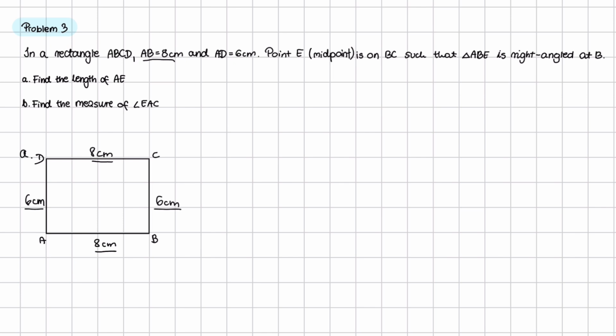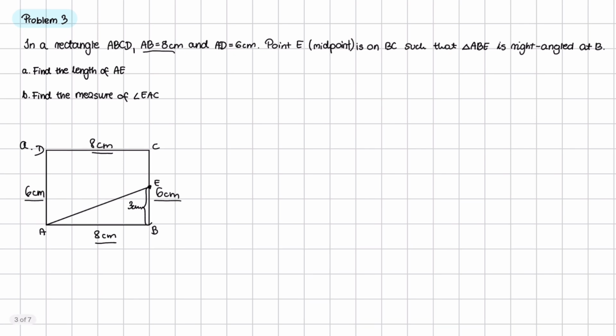And now we have to plot our midpoint E, so maybe in here, and we have a right angled triangle. So automatically we have in here 3 centimeters because the midpoint divides our line segment BC into 2 segments of the same length, so 6 divided by 2 is 3. And now we have to calculate AE, so this distance.